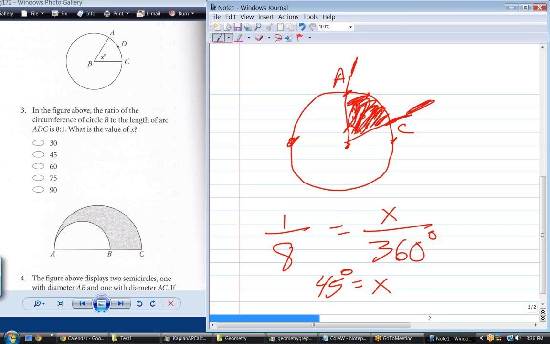The area of that sector is in the same relationship as the angles. In other words, if they told me what the area of the sector was, I could also figure out the area of the whole circle, in a similar manner as I figured out what the circumference of the whole circle was. Everything's proportional here.